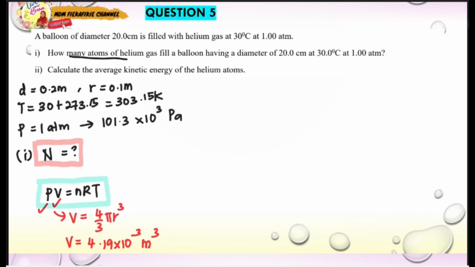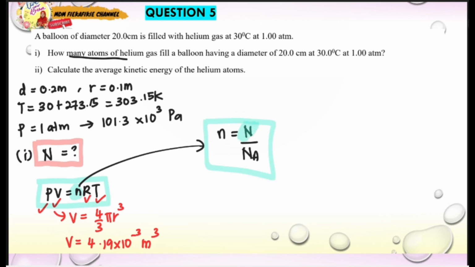Boleh? Okay. So, R kita ada, temperature pun kita ada. So, daripada sini, sebenarnya kita boleh cari n. Jadi, daripada n ni nanti, kita tahu relationship antara the number of moles dengan the number of molecules, N over NA.